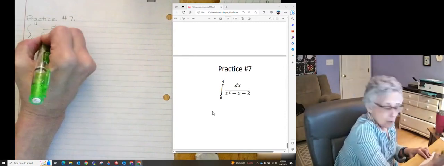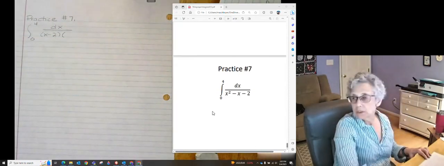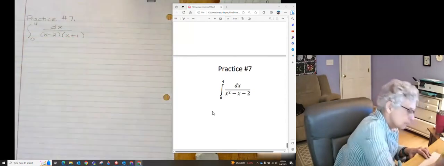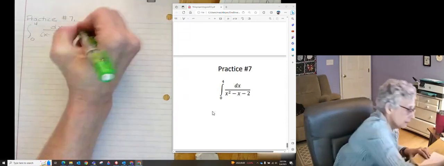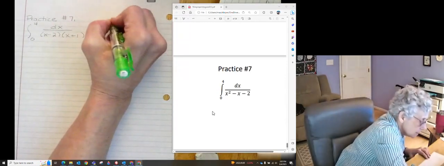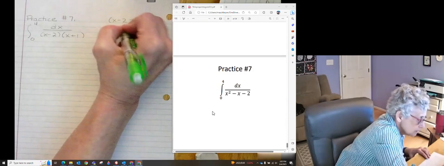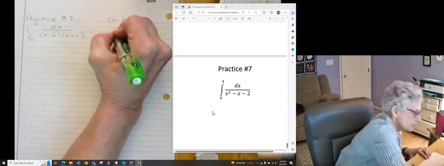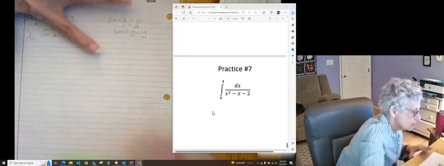Otherwise, we just have to partial fraction decompose. So this would be equal to x minus 2 times x plus 1. So I have a bad guy. This denominator is equal to 0 when x minus 2 is equal to 0, so when x equals 2. There's my bad guy. Duh.